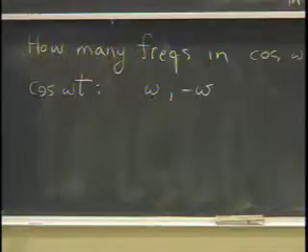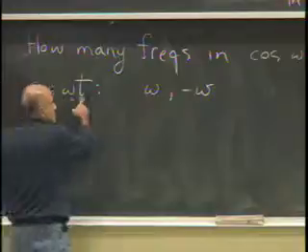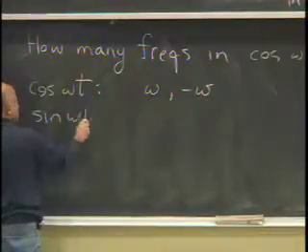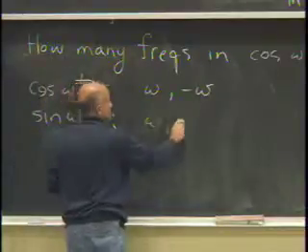So positive frequencies correspond to counterclockwise rotations. Negative frequencies correspond to clockwise rotations. And there's a big distinction. The particle is traveling in different ways. So a cosine has frequency omega and minus omega, and so does the sine. Omega and minus omega.